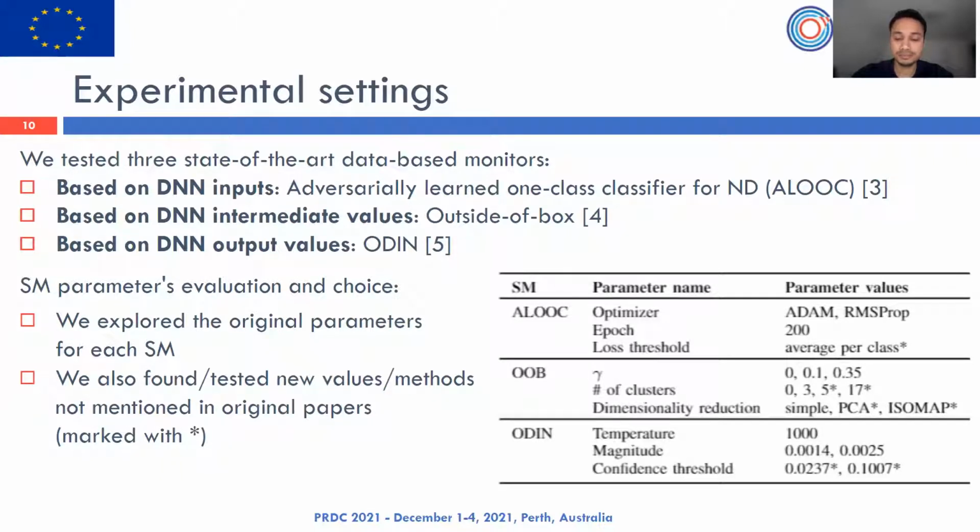This method just tries to reconstruct an image at runtime to an image that it knows from the training set. And if the error in this reconstruction is too high, it means that it's a new class, for example. The second approach is called outside of the box, and it looks at the intermediate values of the neural network, the neurons of the neural network.